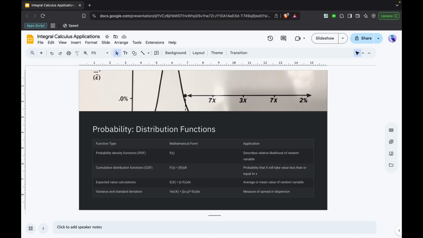This is saying the probability that x will take values less than or equal to that x value. Expected value calculations are basically, if we take a random variable, what's the average or mean value of that? For the last one, it's a more complicated integral, but it's a measure of something called spread or dispersion, similar to range, but slightly different.